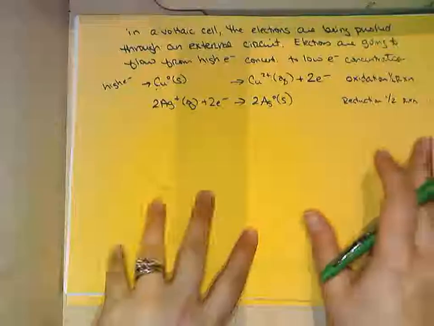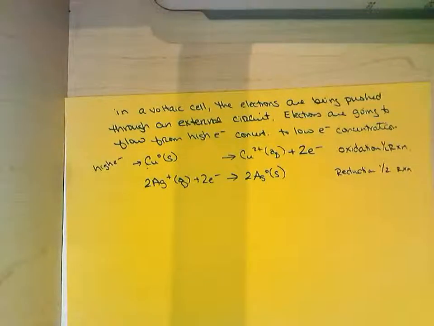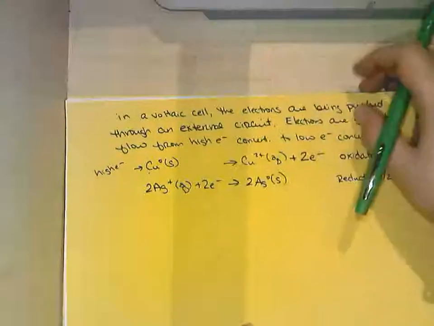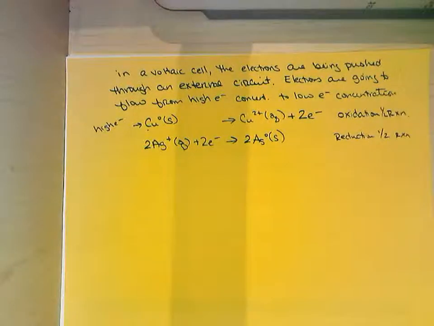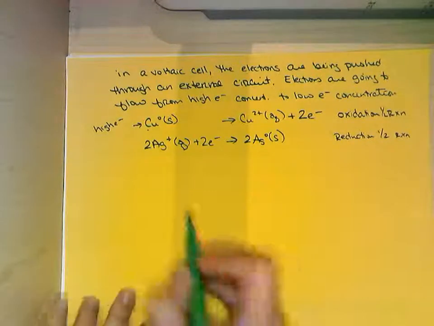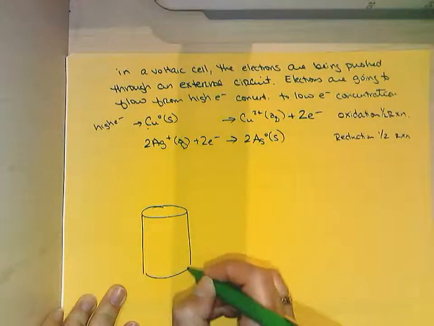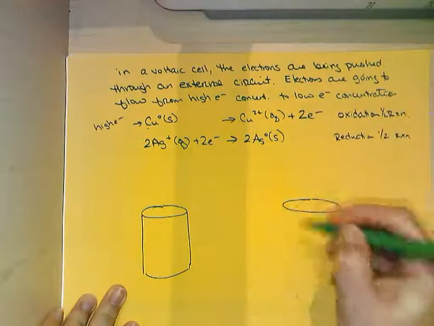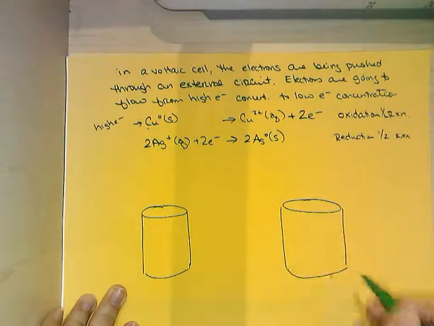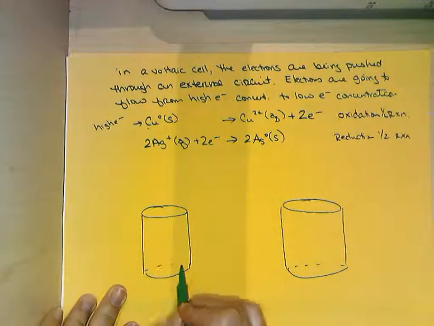So hopefully everyone's ready for a little amazing drawing I'm about to do. Let me draw it first and then you'll draw yours, because it takes a lot of space. All right, so here we have, you're going to draw 2 beakers. Okay, you got your 2 beakers.